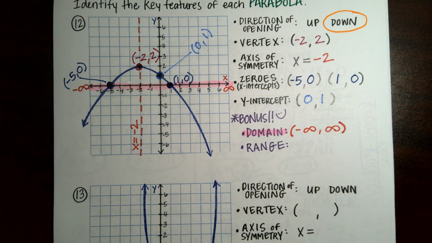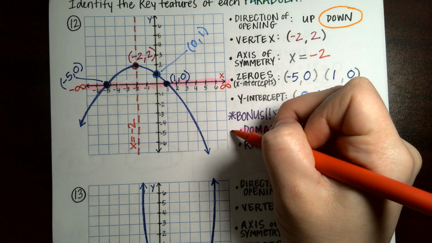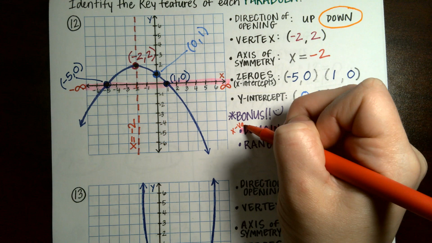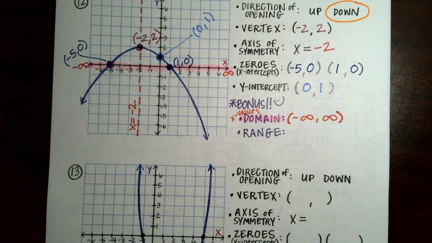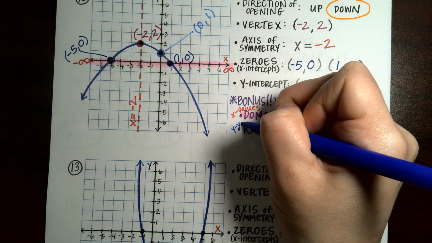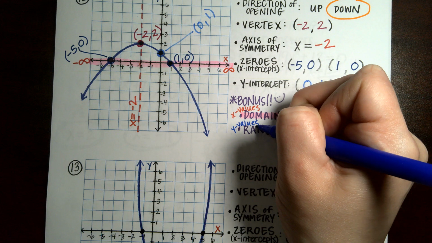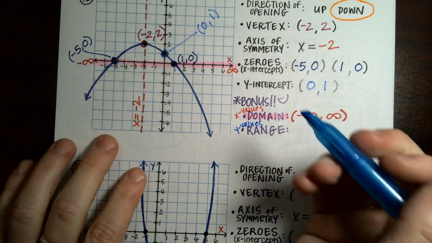Yes. Okay, so whenever we're looking at range now, so domain was our x values. So our range, label this, is going to be our y values, which is up and down. How high and how low does it go? So here's how we're going to be able to tell that.